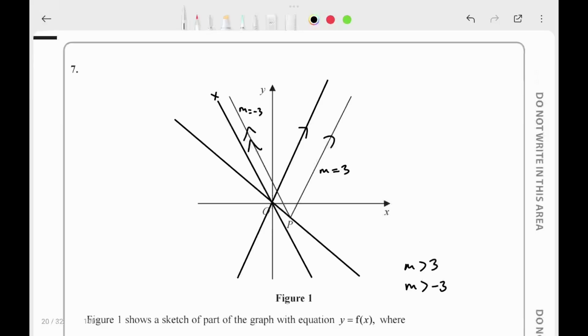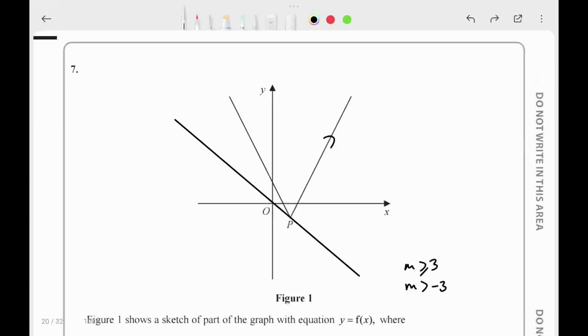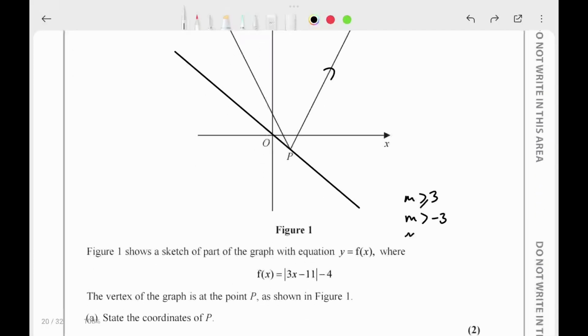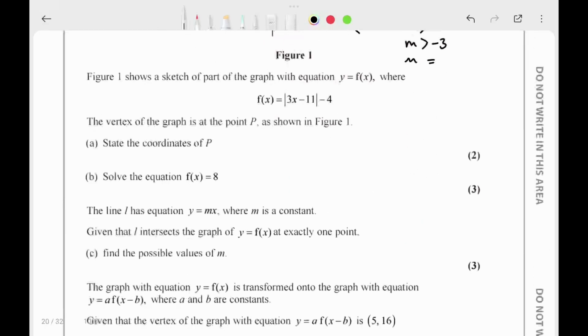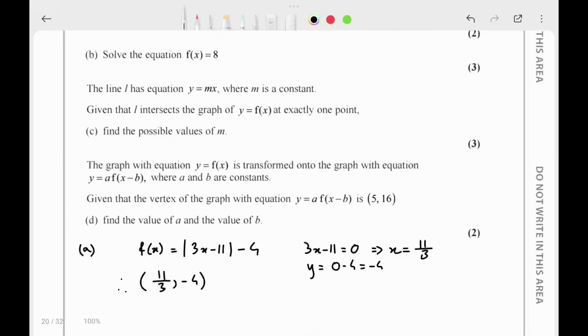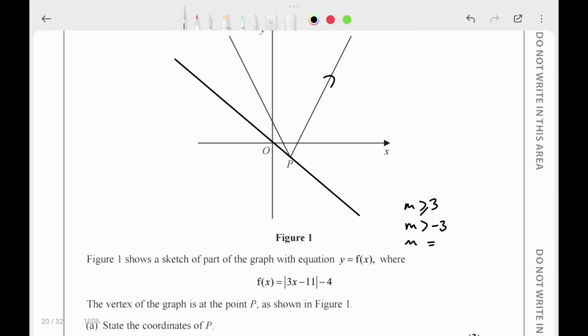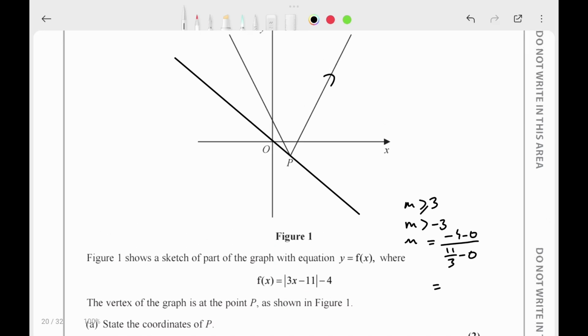And for this line, the gradient would be minus 4 minus 0 divided by 11 by 3 minus 0, which is equal to minus 12 by 11.